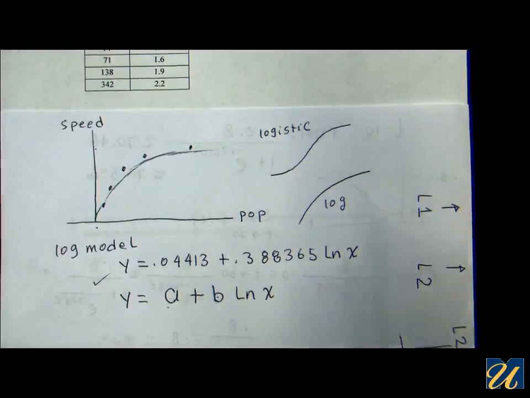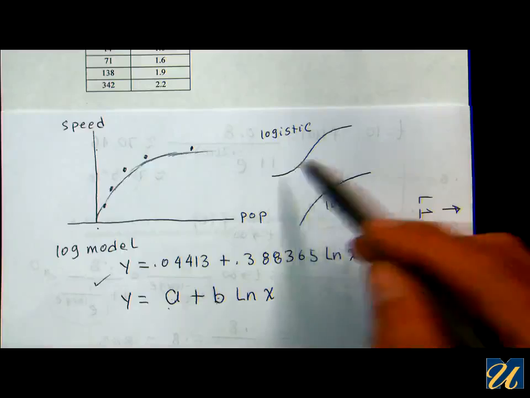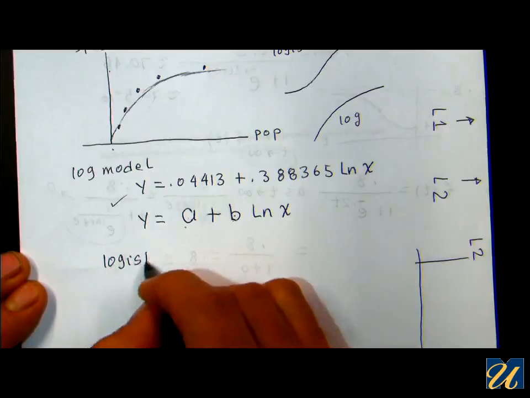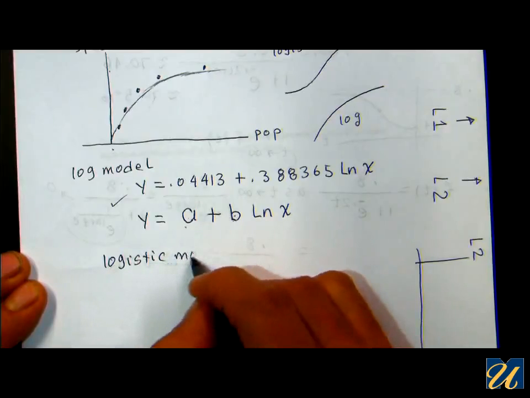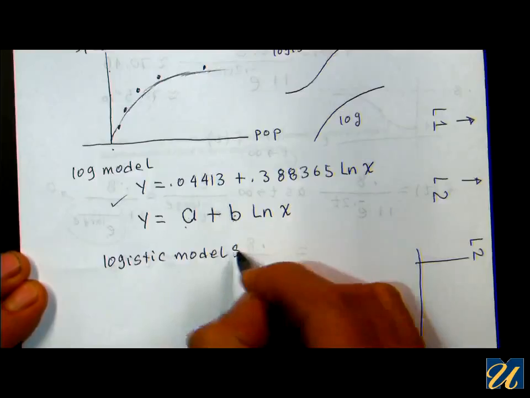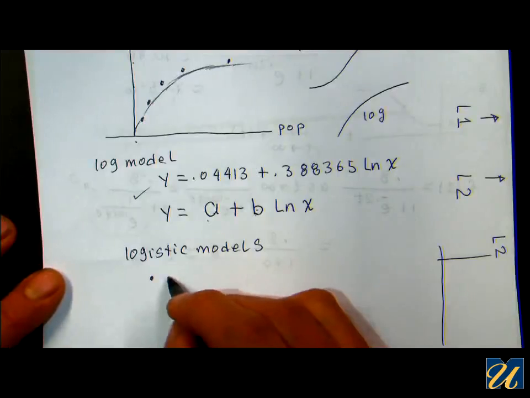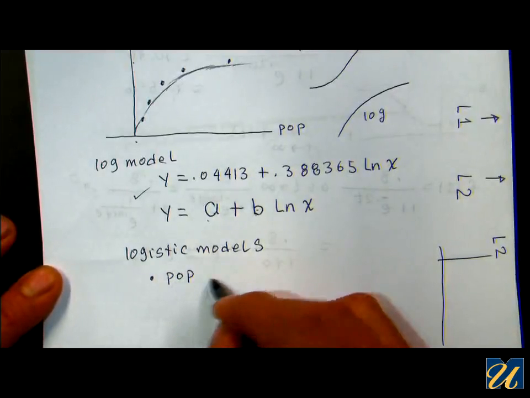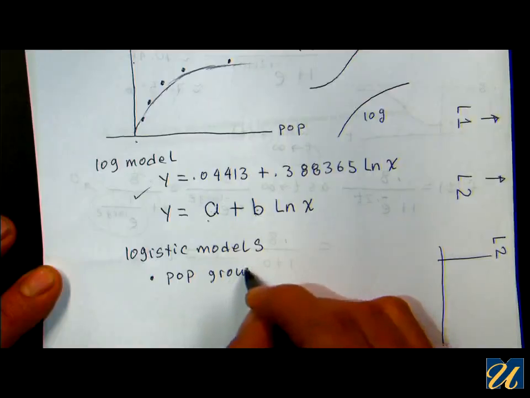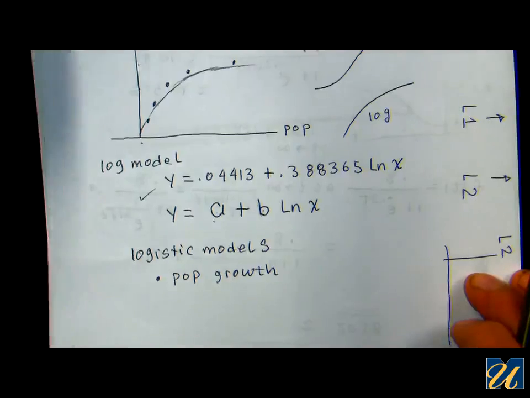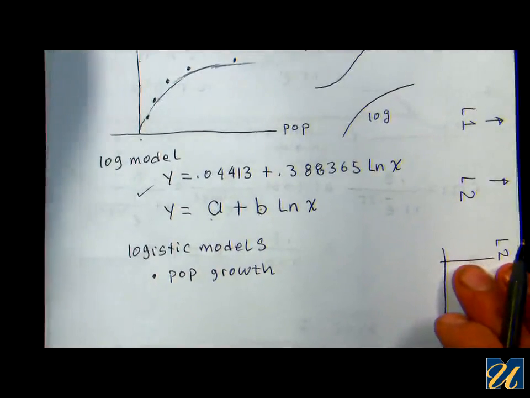Now, under what conditions would a logistic model work out? Okay, well, logistic models are very good for biological processes, so often population growth, particularly if the population is on, say, an island with limited resources.